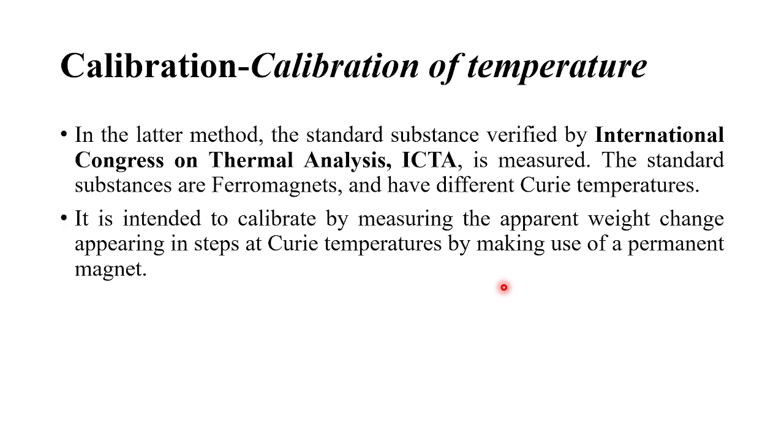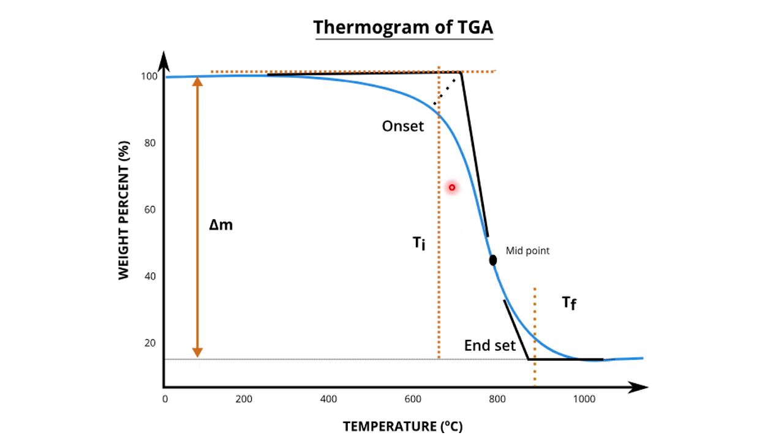So for a ferromagnet in a permanent magnetic field, at the Curie temperature the mass will change, and you are measuring that mass change. So this is a typical thermogram where the plot is loss of weight versus temperature, or it may be time also.